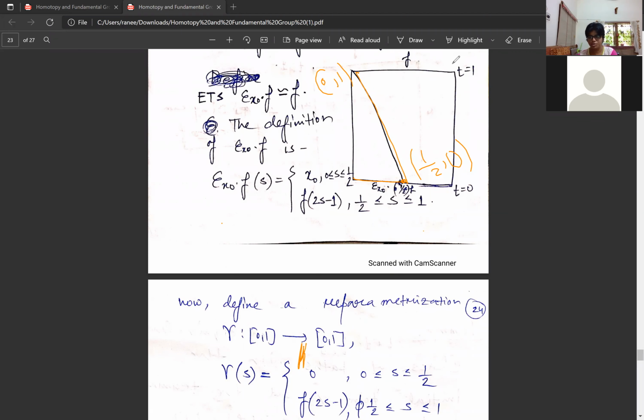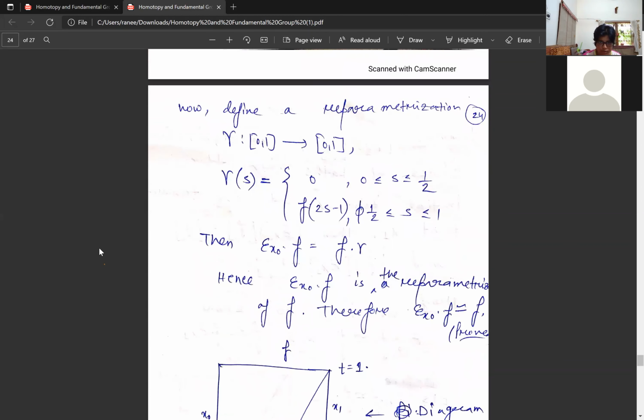Okay, so this is your gamma, and then if you compose your gamma with f, what will you get? Now this is a composition of f and gamma. So gamma and f composition will be f of 0 for the first half, and then f of 2s minus 1.